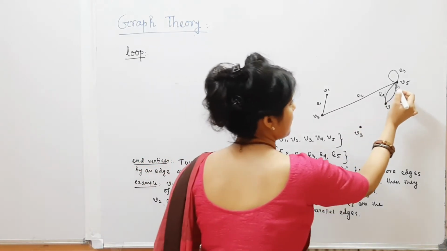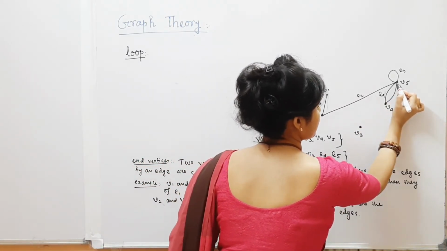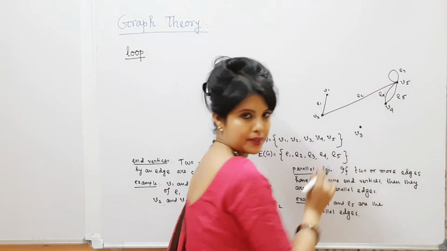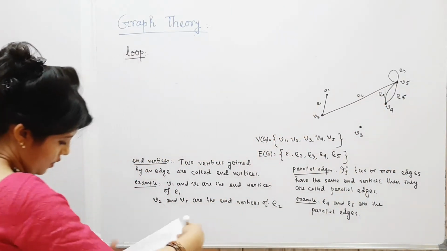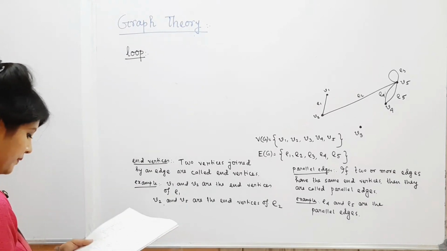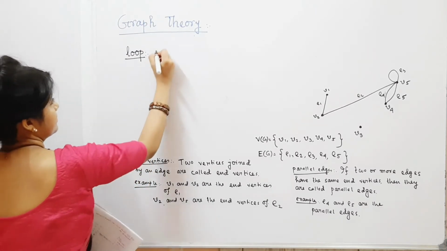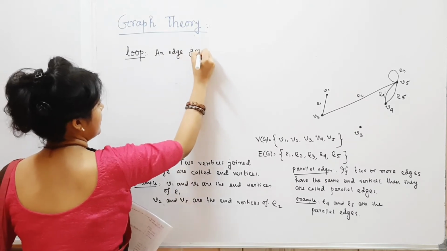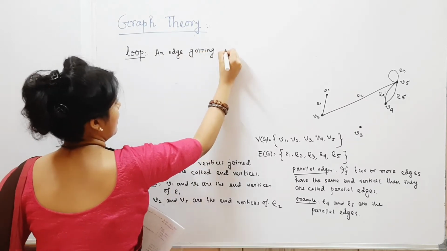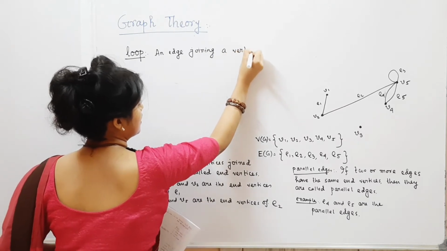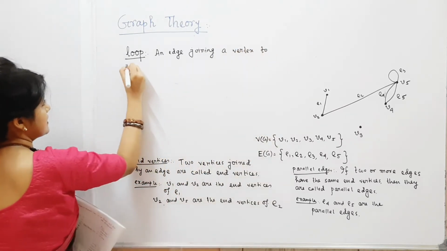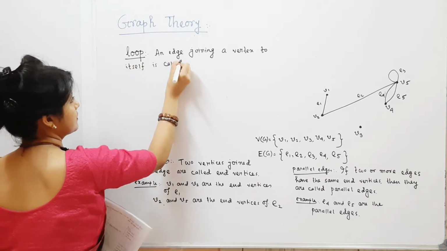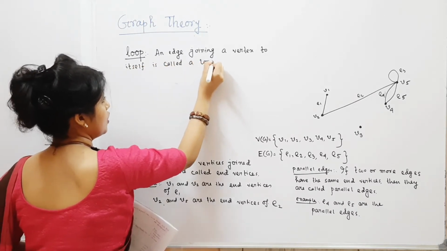That is when an edge is starting from V5 and it is ended as V5. Okay, so the definition of the loop is an edge joining a vertex to itself is called a loop.